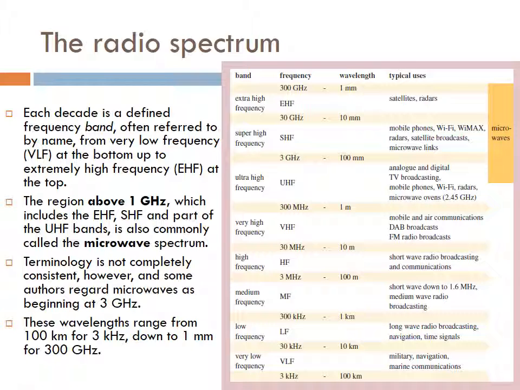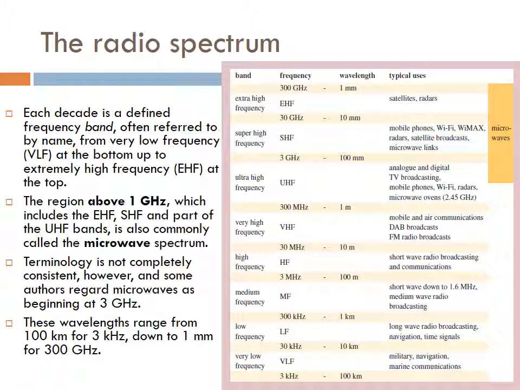Then we have the UHF band from 300 megahertz to 3 gigahertz. Its wavelength ranges from 100 millimeters to 1 meter, and these are used for analog and digital data, digital TV broadcasting, mobile phones, Wi-Fi, radars, and microwave ovens. Then we have SHF, super high frequencies, from 3 GHz to 30 GHz.